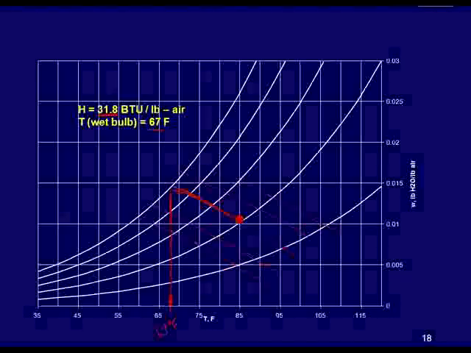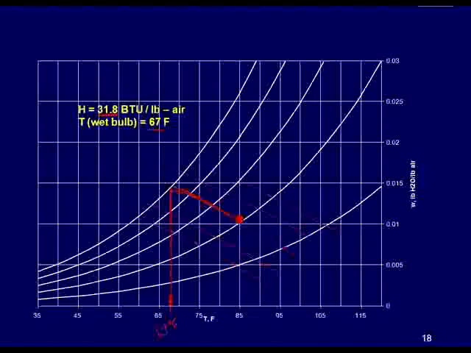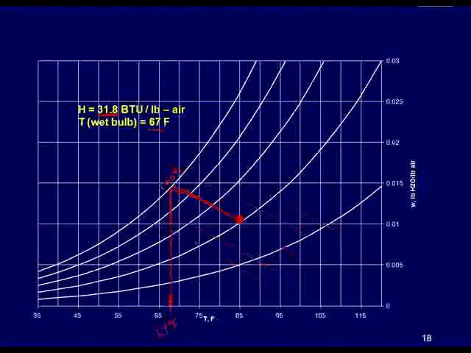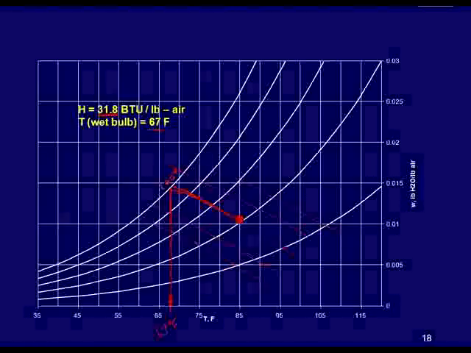So by just spraying water into the air, which is what the wet bulb temperature really tells you, or the adiabatic saturation temperature, spraying water into the air can cool the air significantly to where you go from 85 degree air with relative humidity of 40% to 67 degree air with relative humidity of 100%. Now that'll be cooler air. It may not be super comfortable because now it's saturated with water.